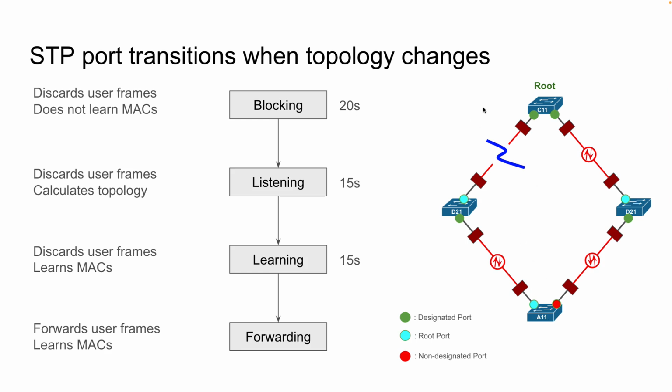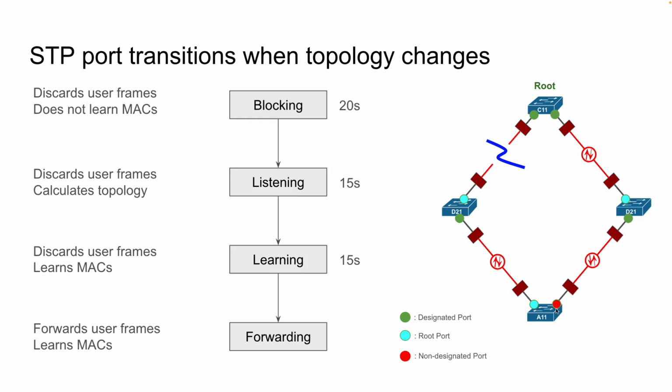From one leg, it's separated by the break of the fiber. On the other path, it's separated by the blocked port. So 20 seconds is the max age timer, and the ports stay in this state until this timer expires.